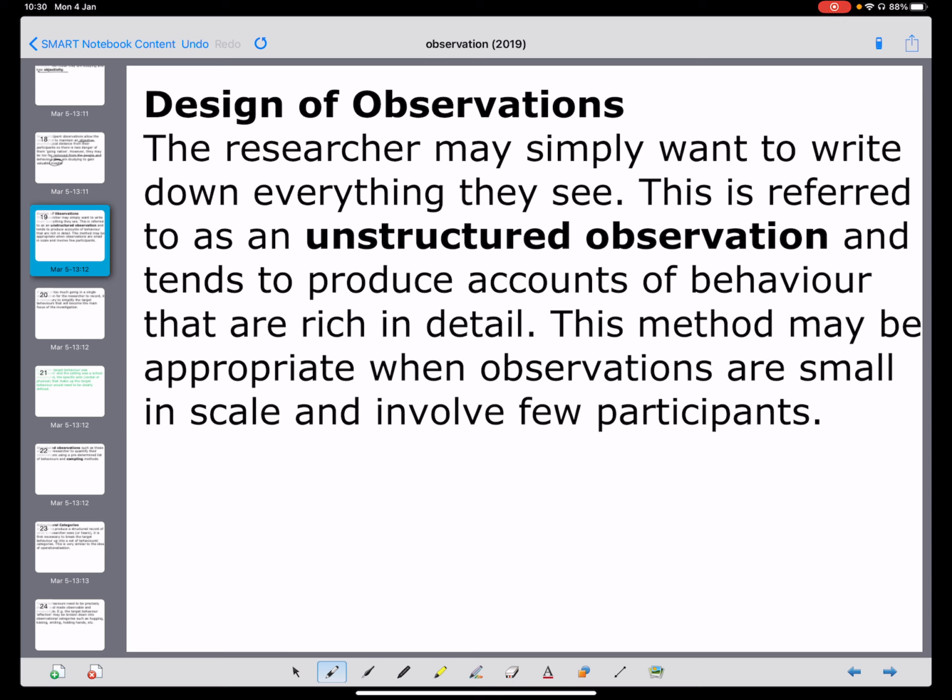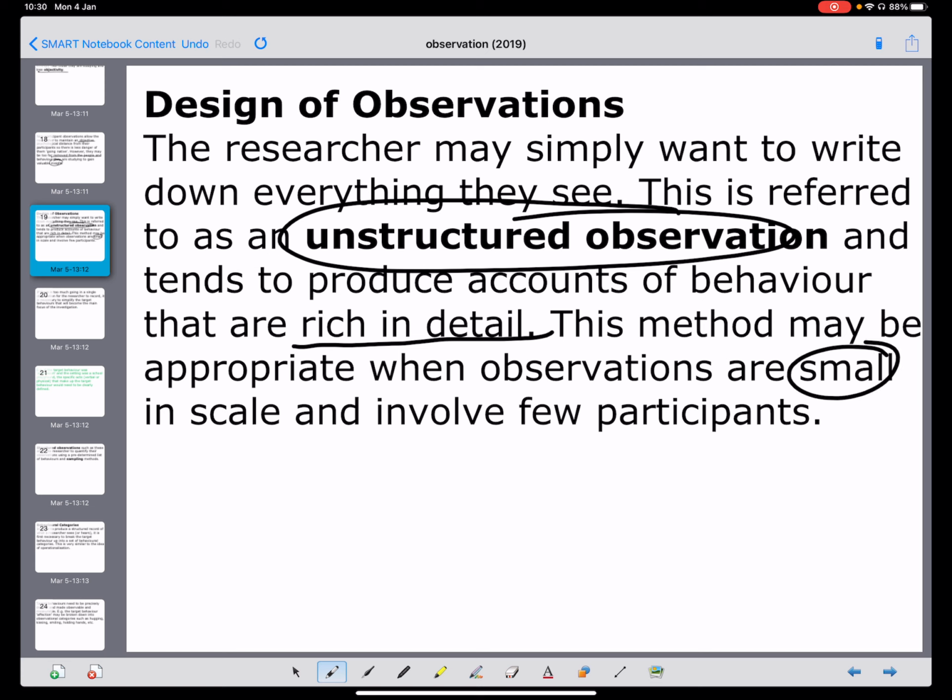And so for example, one of the easiest ones to do in terms of lack of preparation, difficult to perhaps analyze, is this idea of unstructured observation. So in other words, the observer simply writes down everything they see. Okay, and of course what happens, we have rich detail, and this may well be appropriate if I have a small scale study.